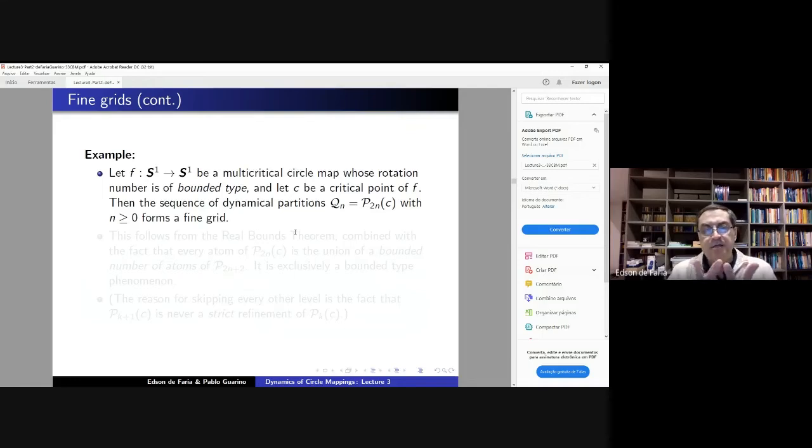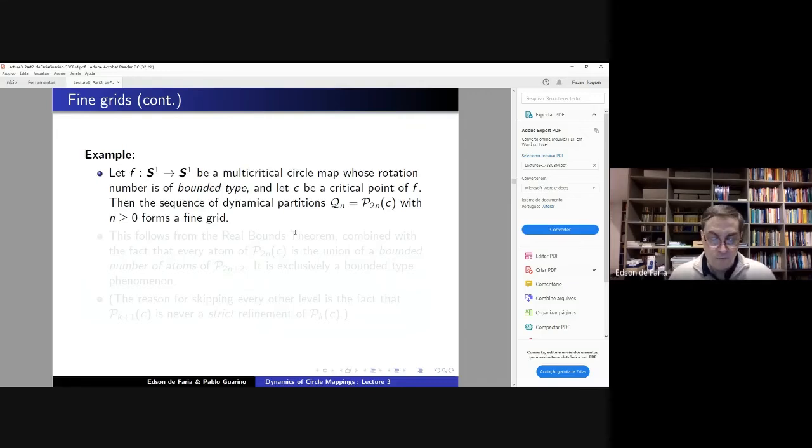They're defined taking the intervals I sub n and I sub n plus 1 at the critical point, which are adjacent and contain the critical point in the boundary, and you map them forward q sub n plus 1 times for one of them and q sub n for the other, and you get a partition of the circle modulo endpoints. This is the dynamical partition at level n, okay?